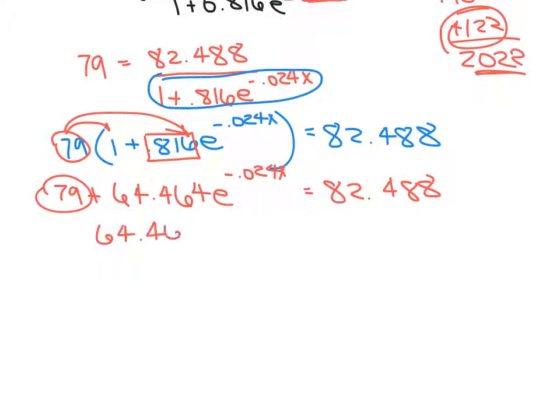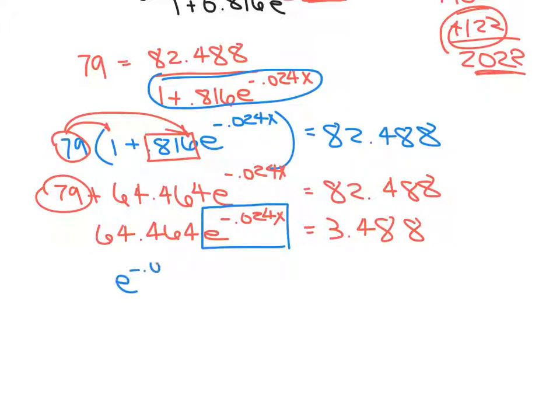So really what we're doing here is just some simple basic algebra here with a lot of decimals and other junk kind of thrown in there. Okay, so really what we're trying to do is, so you know what direction we're going, isolate this here. Because when we isolate that, then we can take the ln of both sides and it makes life so much easier. So we're going to have e to the negative 0.024x equals, we're going to divide both sides by this.